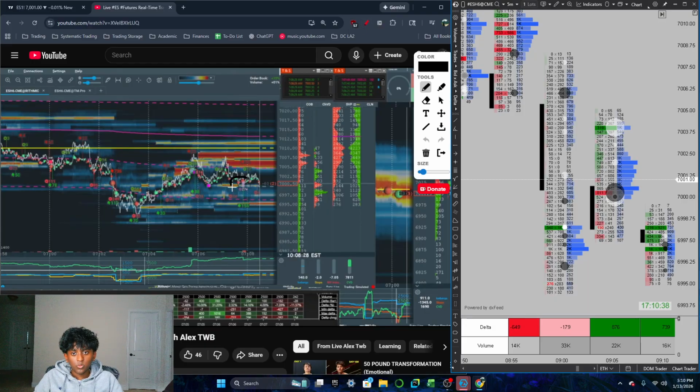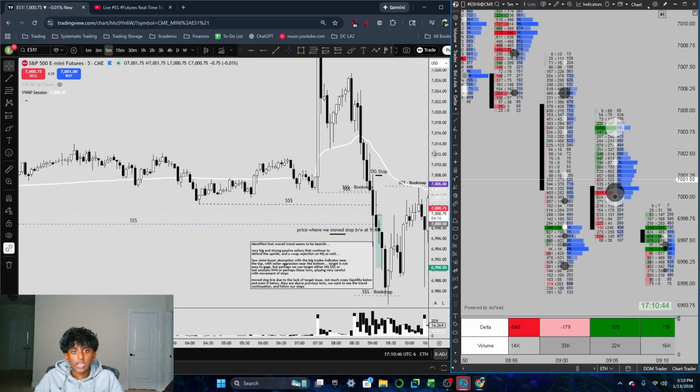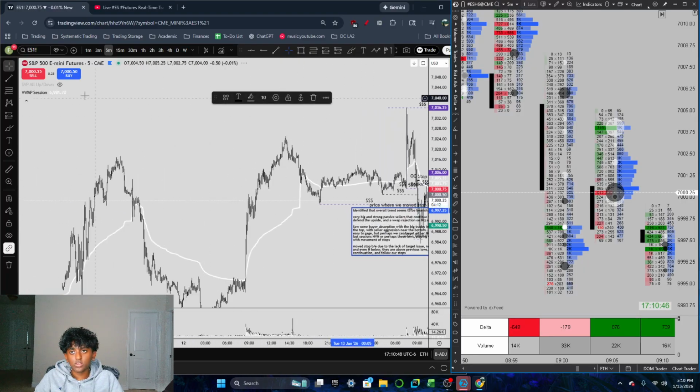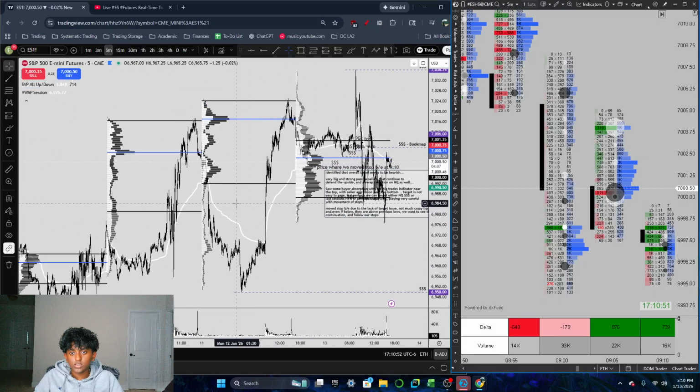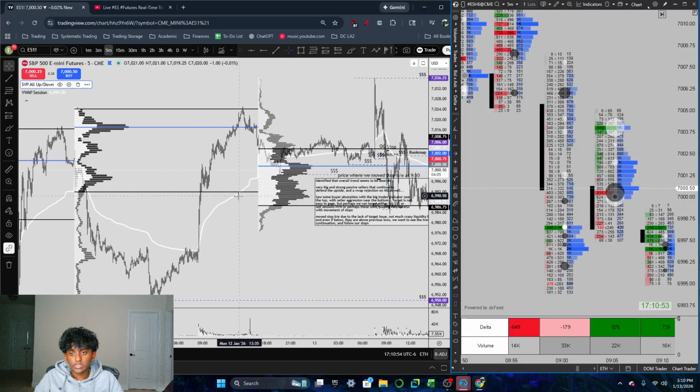Now, when this was there, the main target that I saw was the 6990 level, which happened to be, if you look at the volume profile, this level, so it's a lower region of the last day's value area.